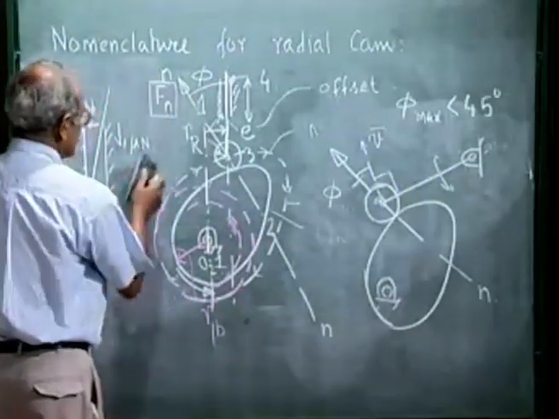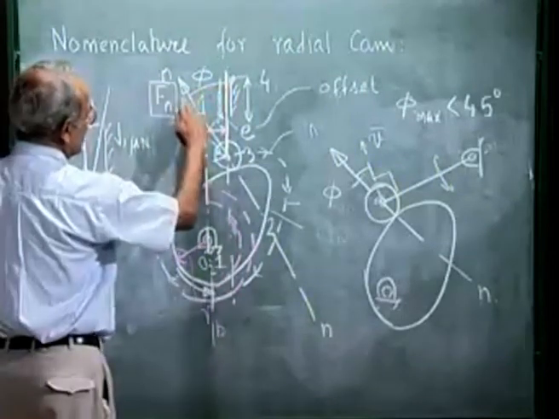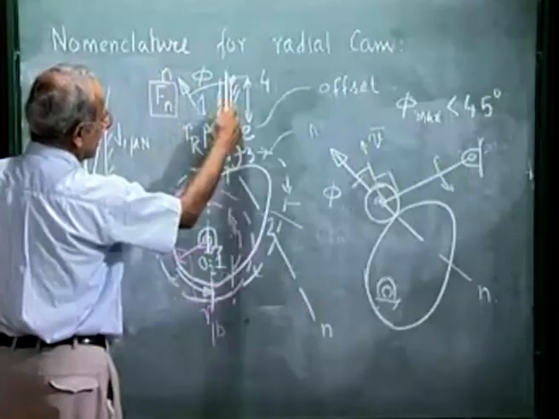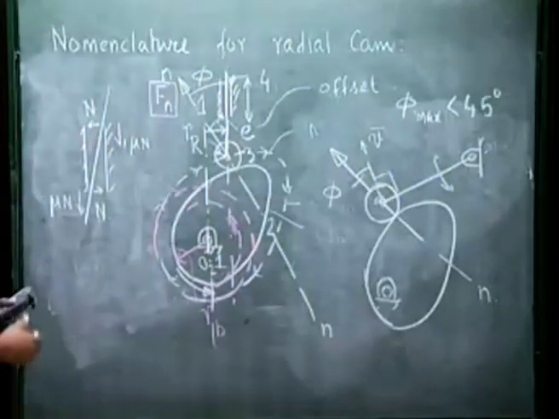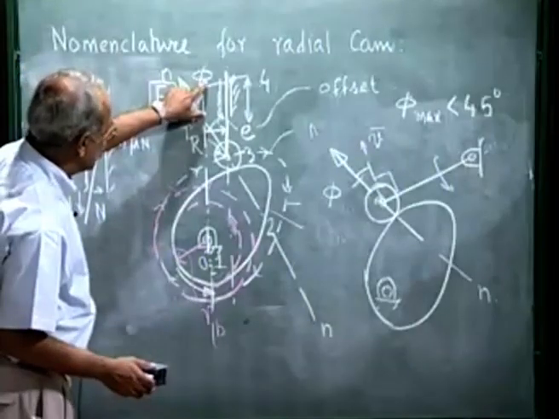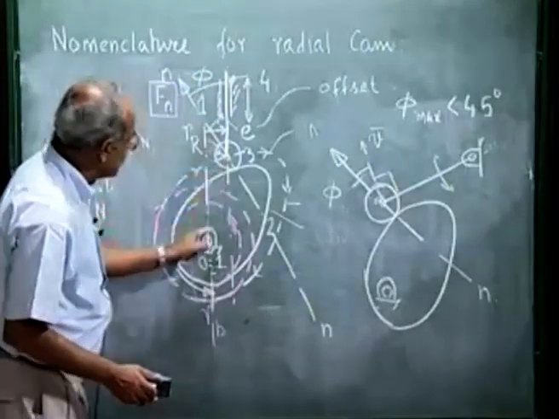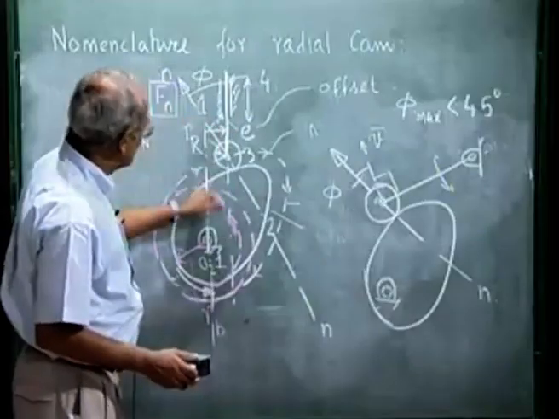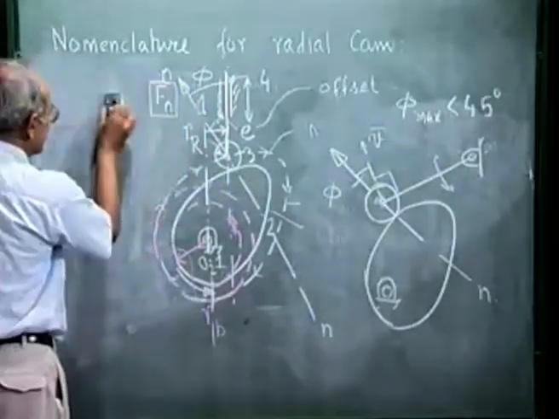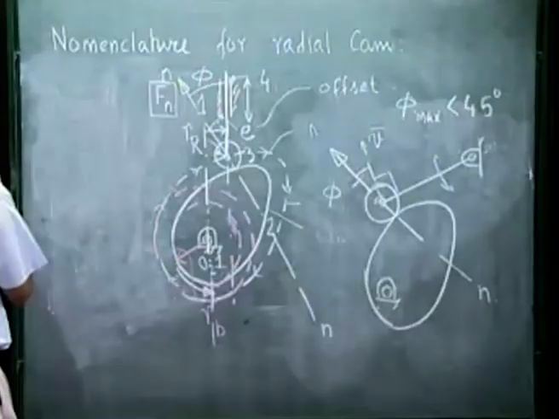So, it is obvious that this vertical component will be Fn cos phi. If the phi is very large, then this vertical component will be reduced. As a result, during the upward movement, I want phi to be low, and during the return movement, that is the downward movement, phi can be large. So, phi max is more critical during the upward movement.